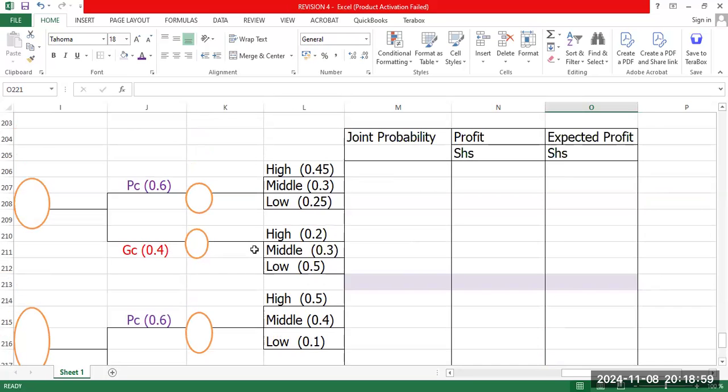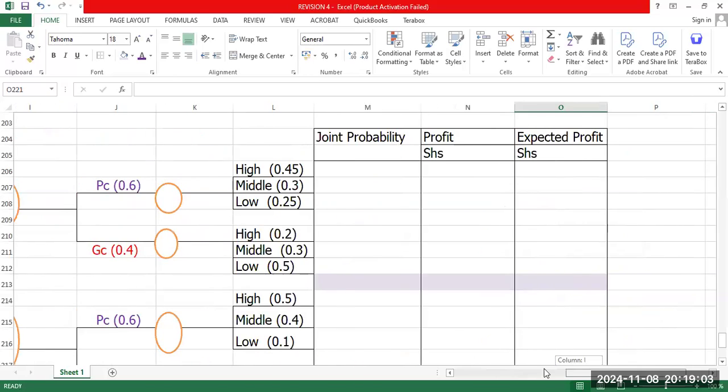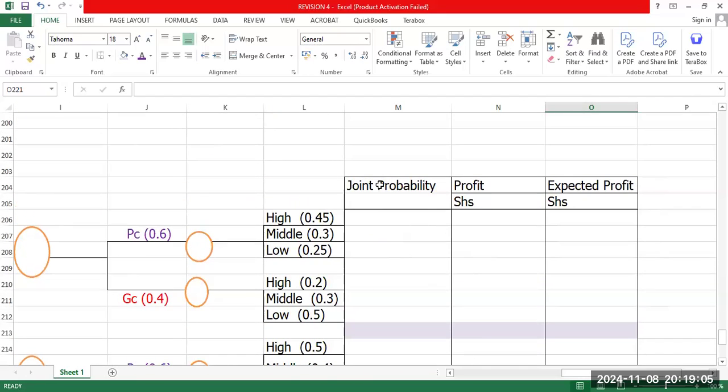Okay, perfect. So we need the joint probability. We need joint probability, so we multiply. We are handling branch by branch.